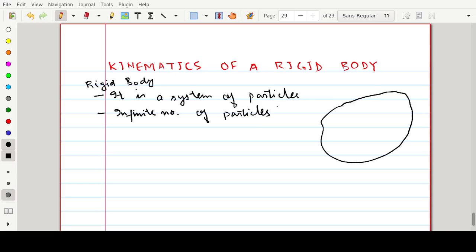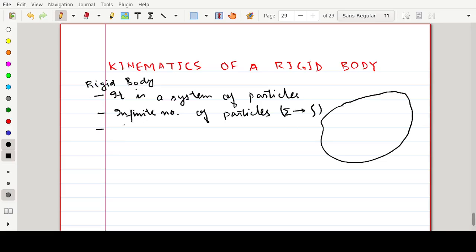So when you apply everything that we have studied in a system of particles to a rigid body, the summations that we were performing will be replaced by integrals.